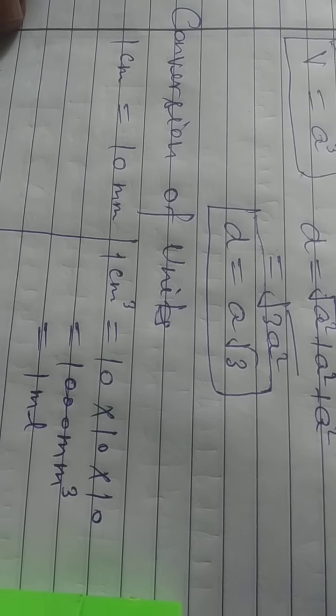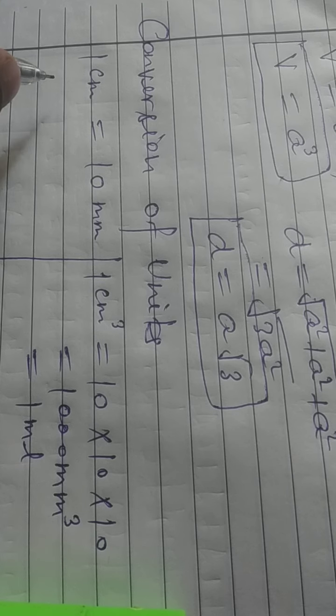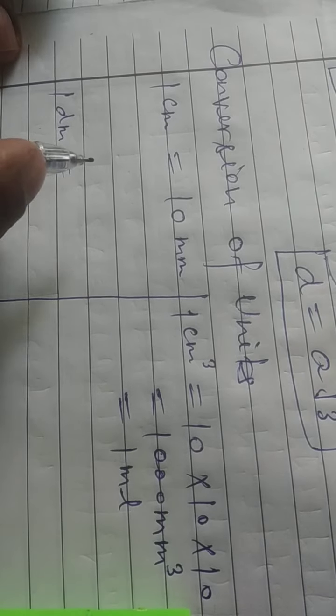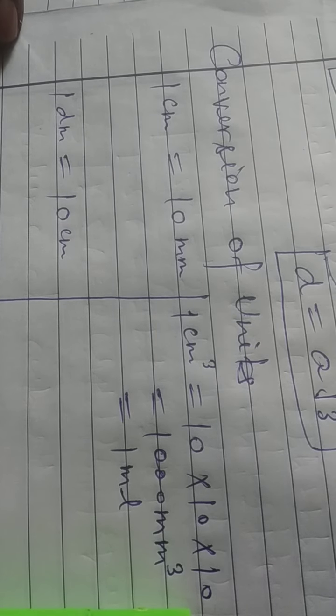Similarly, we can take another unit. 1 decimeter, 1 dm, is equal to 10 centimeter.